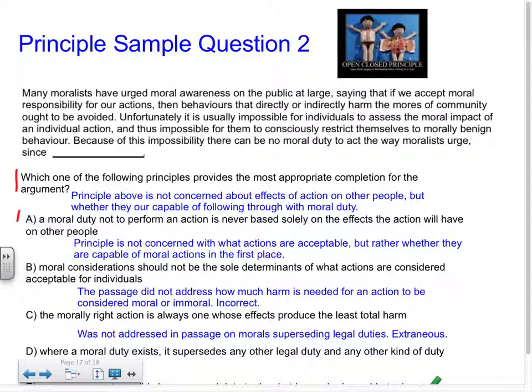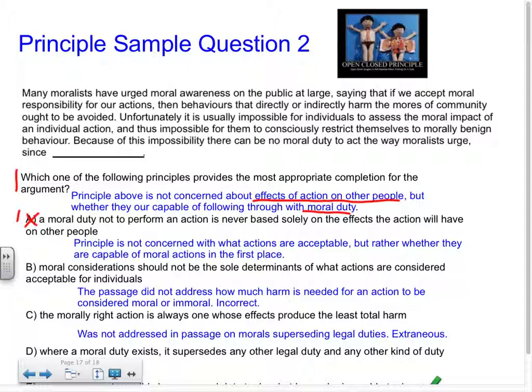Which one of the following principles provides the most appropriate completion for the argument? So A reads as follows. Our moral duty not to perform an action is never based solely on the effects the action will have on other people. So again, the principle is not concerned about the effects of action on other people, but whether they are capable of following through with moral duty. So A is incorrect. We can get rid of that one.